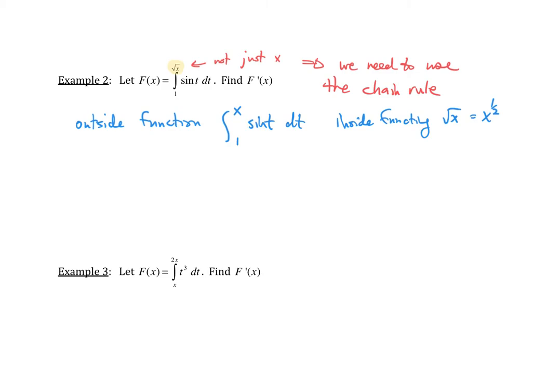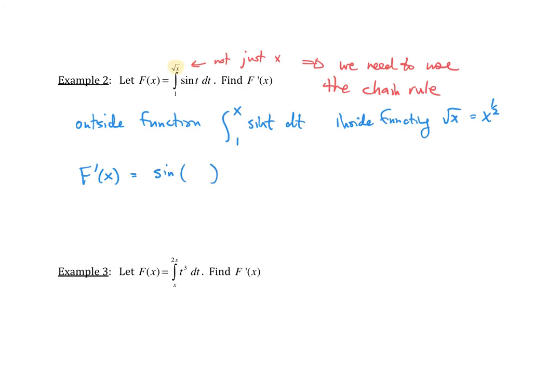All right? So when we take the derivative, capital F prime of x, we need to use the chain rule. So when I take the derivative of the outside function, that's this part right here, this is where I use the fundamental theorem of calculus. So the derivative of this function, according to the fundamental theorem of calculus, is just sine of something.